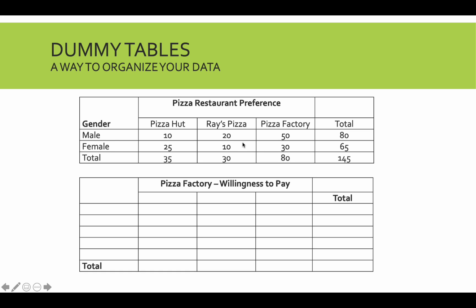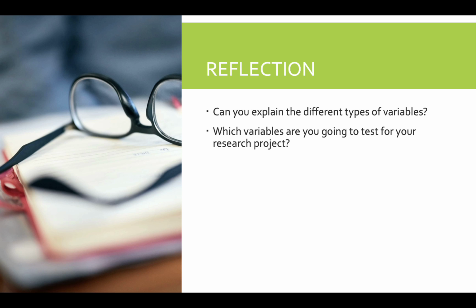Pizza Hut, Ray's, or Pizza Factory. And then your independent variables are male and female. When you lay it out in a format like this, you'll probably look at it and say that looks like a pivot table in Excel. It's exactly what it is. So when you're creating your questions, sometimes to make sure you have what you need, it's good to create some sort of dummy table. I'm not requiring this of you, but it's a good trick to have.